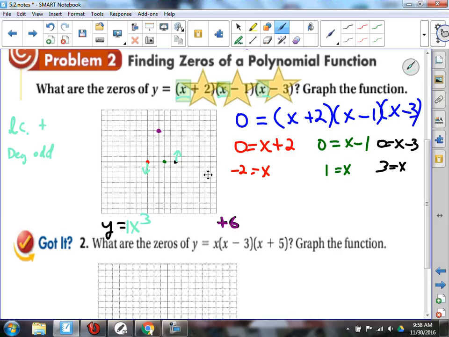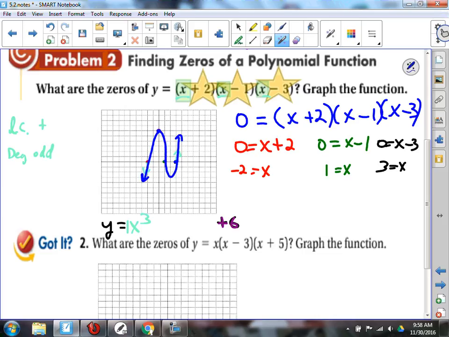So you might say to yourself, what about the rest of the points? I don't care. I couldn't care less. You could plug in some values, like a negative 1 or a 2, and get some other points on the graph. But realize we have an x-intercept, an x-intercept, an x-intercept, a y-intercept. The end behavior tells us the graph's going to do something like that.